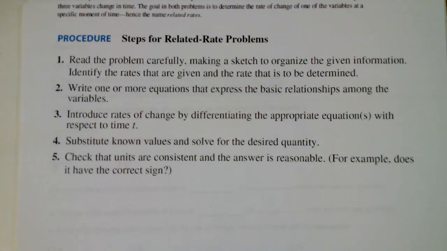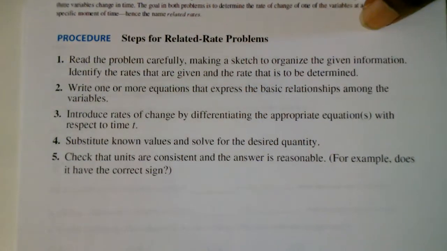Number four, substitute the known values and solve for the desired quantity. Number five, check that the units are consistent and the answer is reasonable. Does the answer have the correct sign? Sometimes you might come up with a rate that could be either positive or negative, so make sure you have the correct sign and that your units are consistent with what you're looking for.